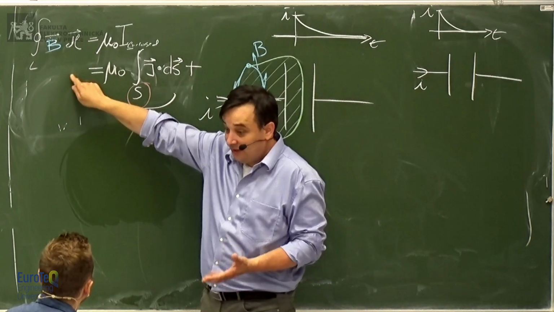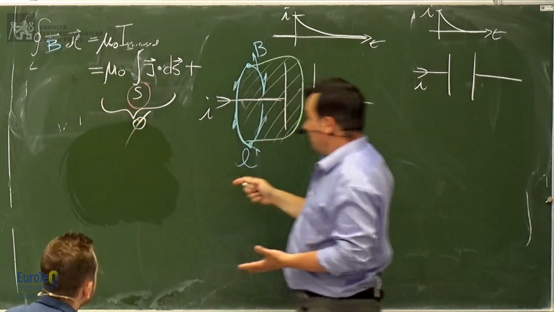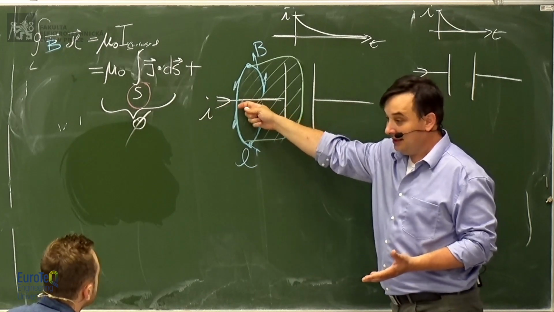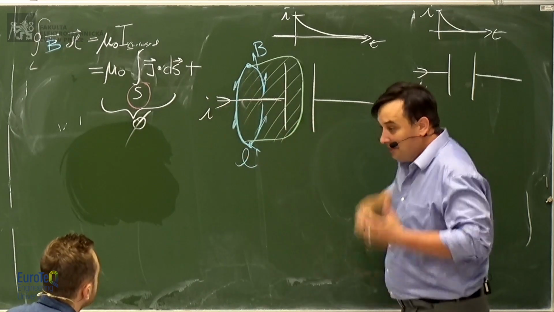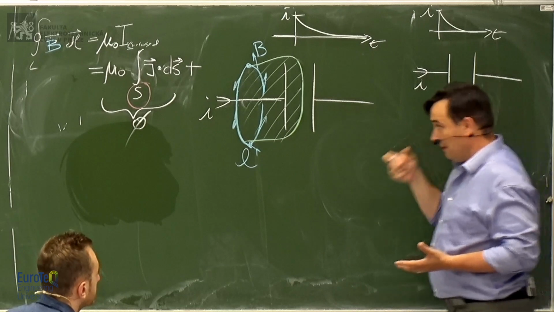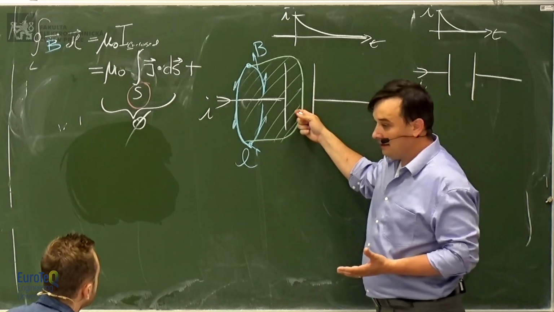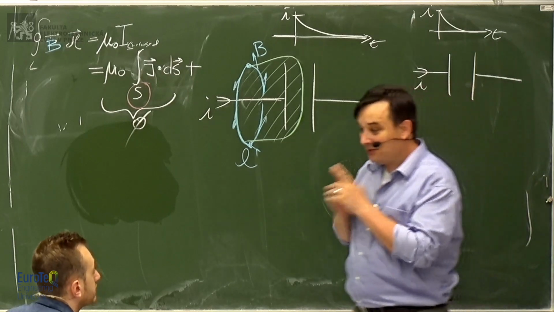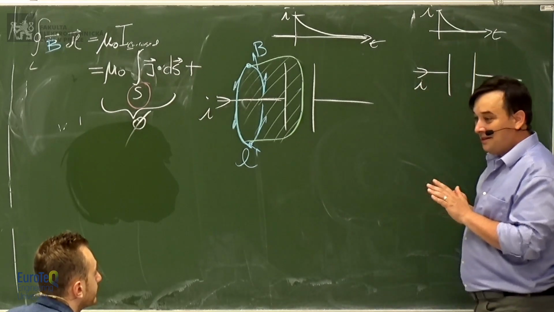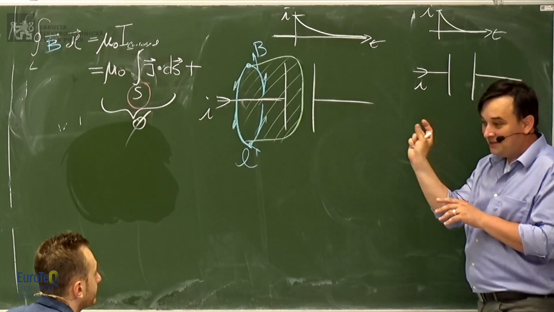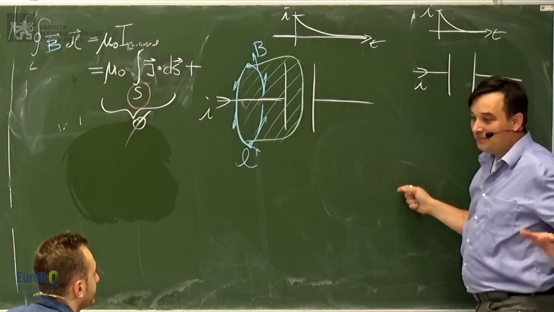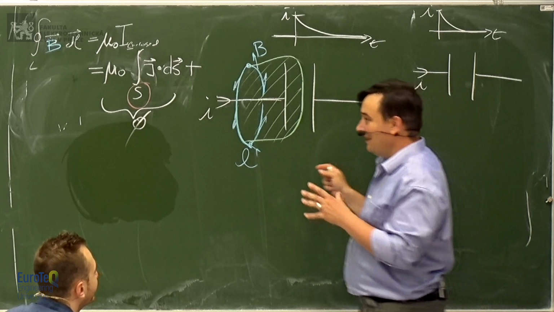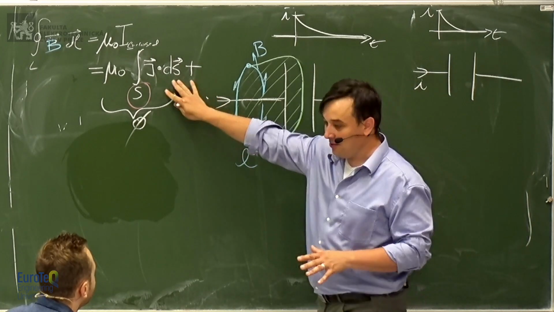But this is not 0, it's still the same. If there is some current here, I know that there is a magnetic field. So that's why this is in fact the only actual contribution of Maxwell. We call it Maxwell's equation, but Maxwell did only this tiny part. Everything else was done by others. So this was Ampere's law.